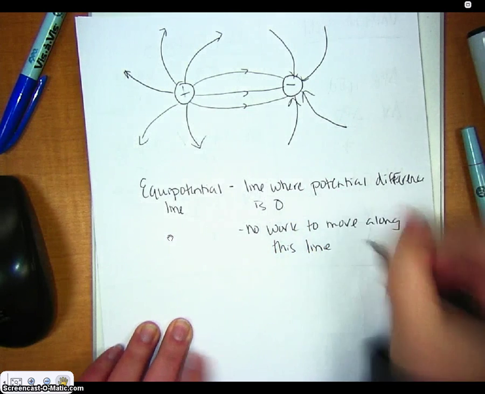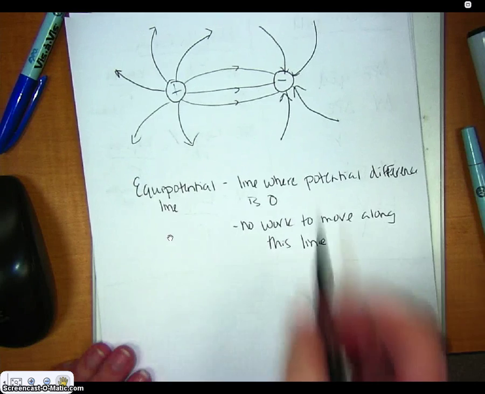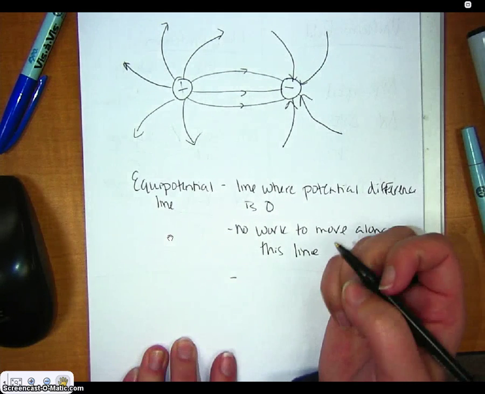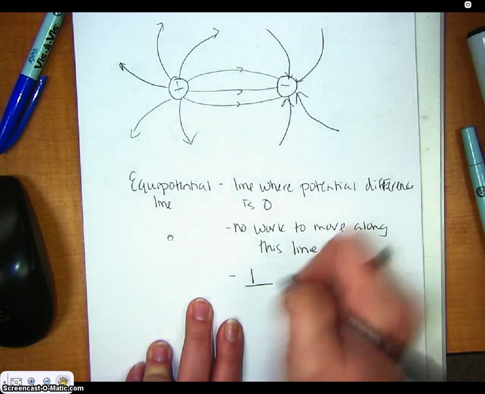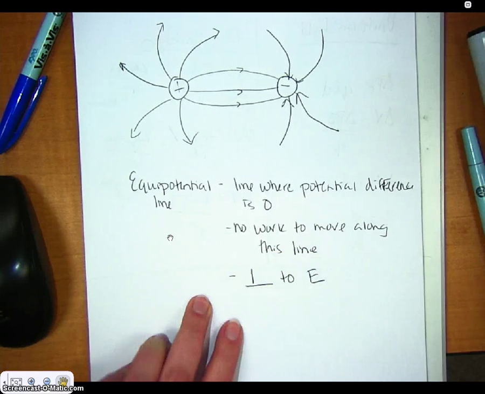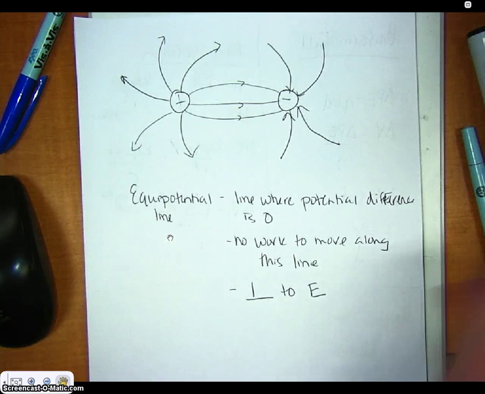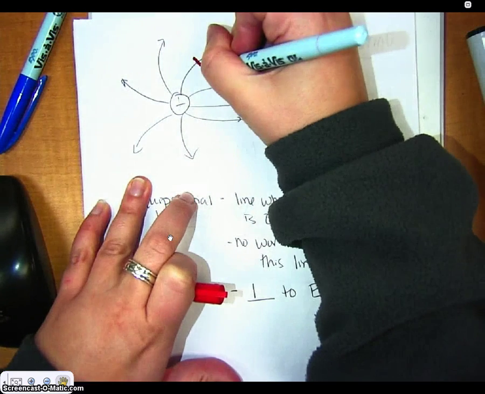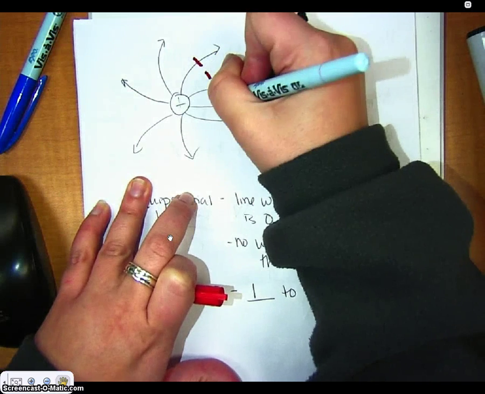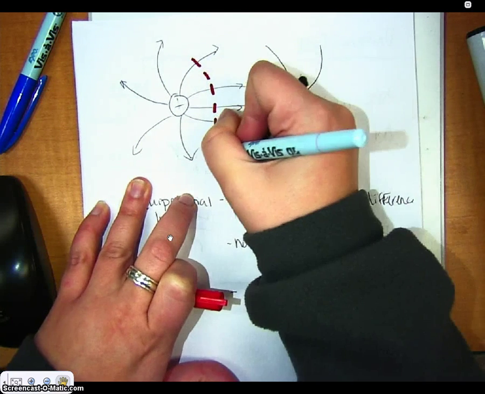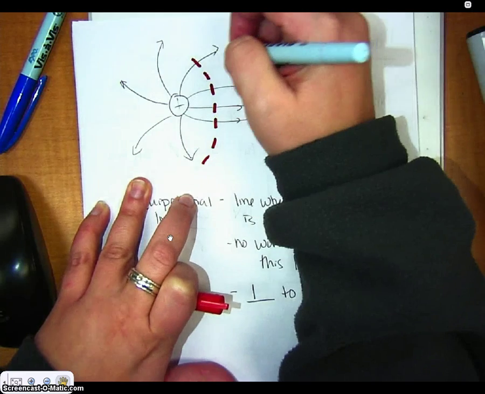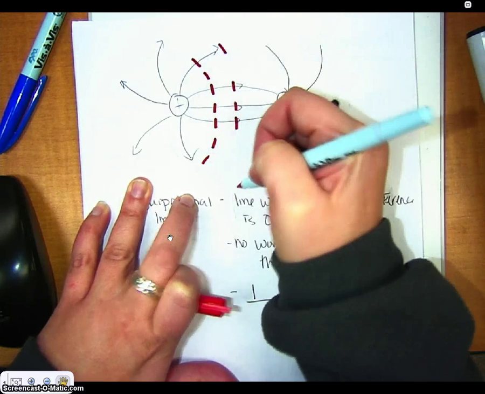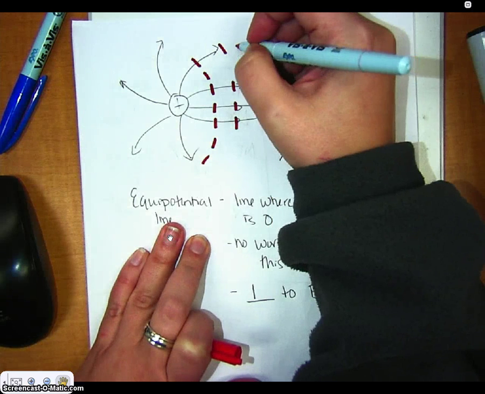Now, equipotential lines, if we're looking at any sort of electric field, sorry, I keep saying magnetic field, are perpendicular to the electric field lines. So if I were to draw one here, it would be in that direction, or have one right here, or one perfectly in the middle.